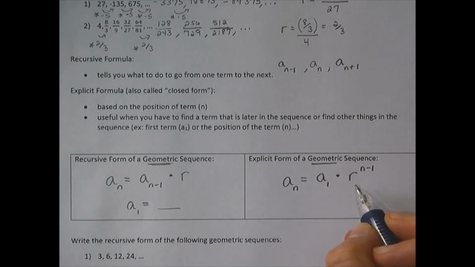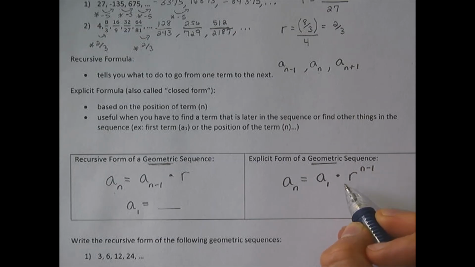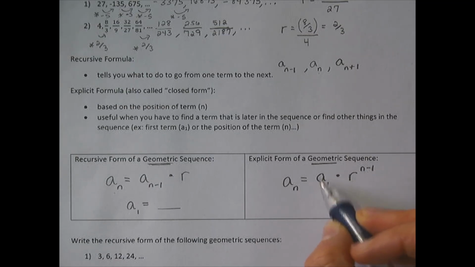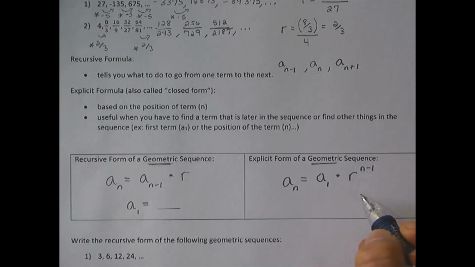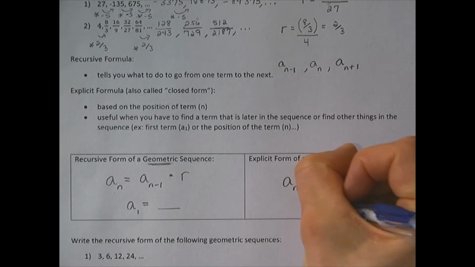All right, so remember, order of operations, you have to do the exponents first. So a lot of times when you're solving these types of problems, you're going to want to do this part, the common ratio to the exponent, first before you can multiply by the first term. So this will come up when we're solving problems with these. All right, so remember, a sub 1 is the first term of the sequence.